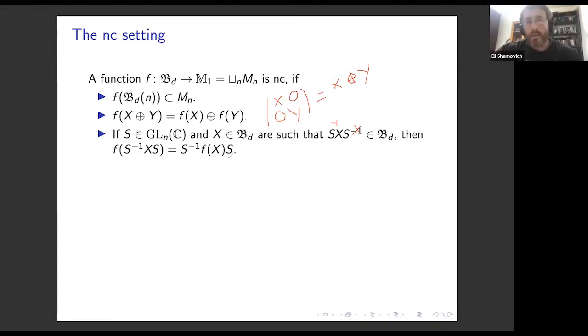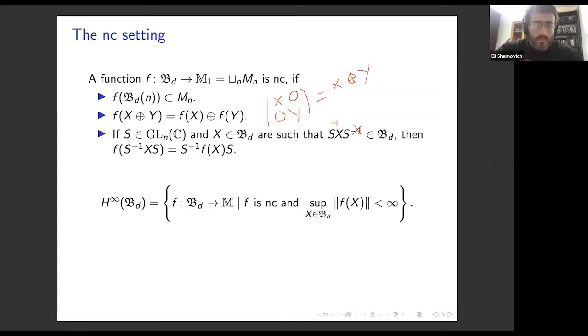In fact, each non-commutative function extends to the so-called similarity envelope of the non-commutative set. In our case, if we take the ball, it's just all the tuples which are similar in this sense to a strict row contraction. It has a nice description I will discuss in a second. And in this case, f is simply equivariant with respect to this action.